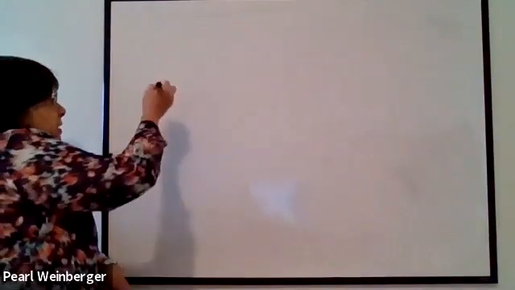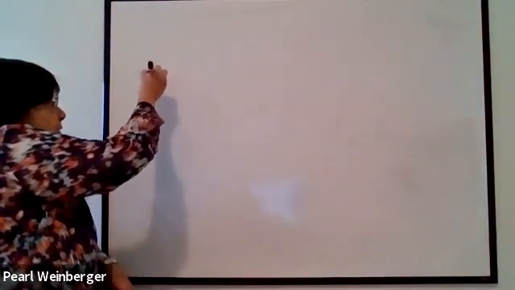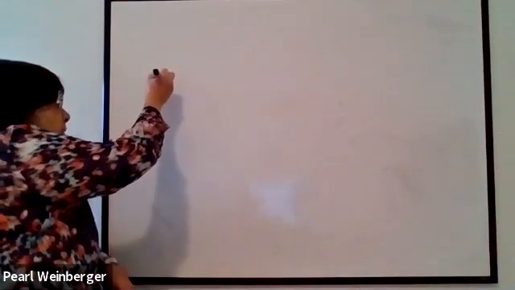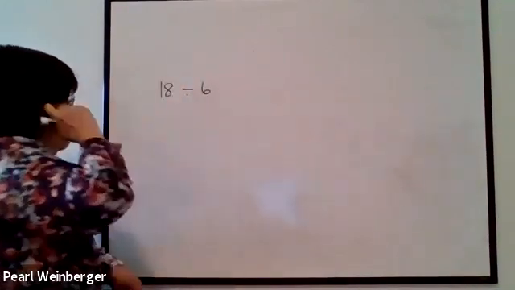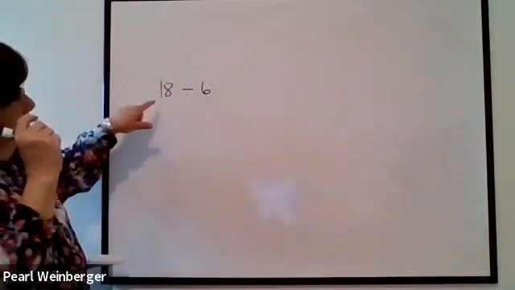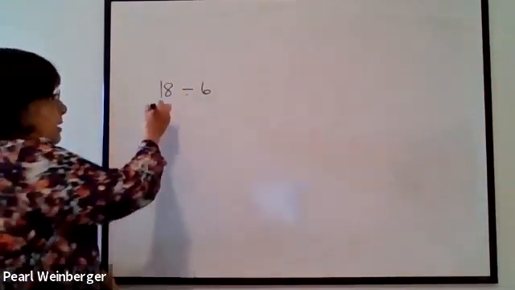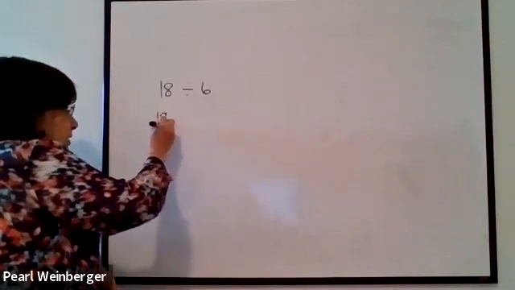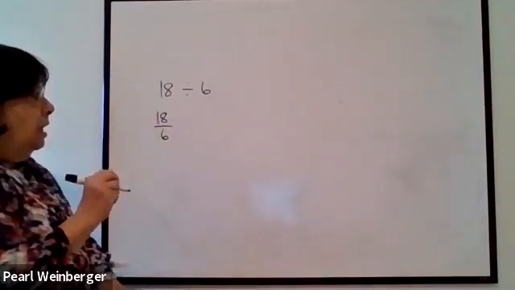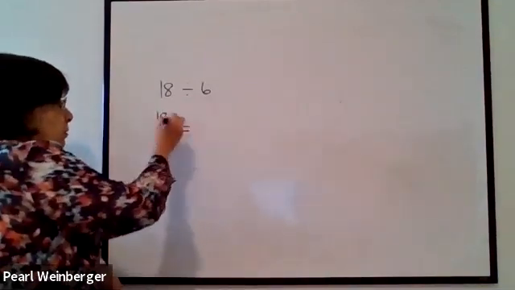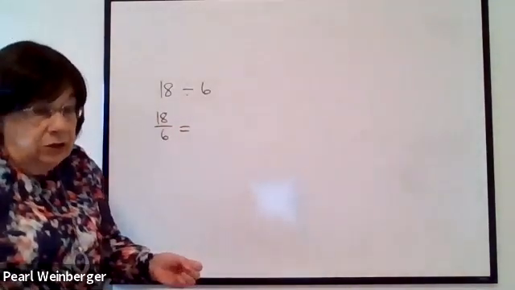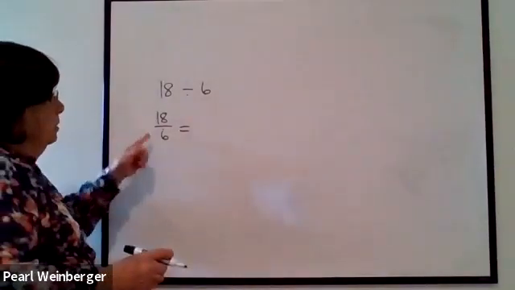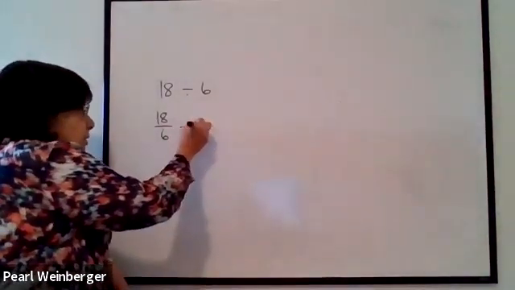When you're dividing, suppose I tell you divide 18 by 6. We sometimes write that as 18 over 6. And of course, we can just stick it into our calculators. This happens to be a relatively easy one. 18 divided by 6 will give me 3.